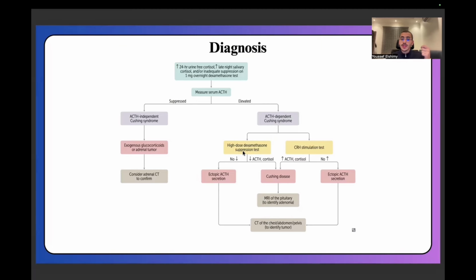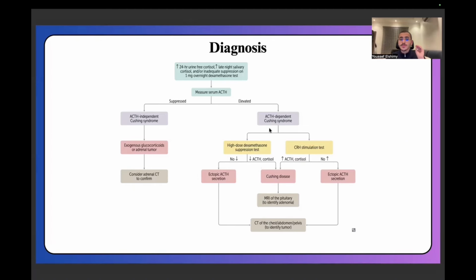If it gets suppressed, it means it's part of the HPA axis. It's a tumor, but it still responds to feedback. When you give it a high dose dexamethasone, it gets suppressed. So if it's part of the HPA axis, it means it's Cushing disease, or it's a tumor in the pituitary.